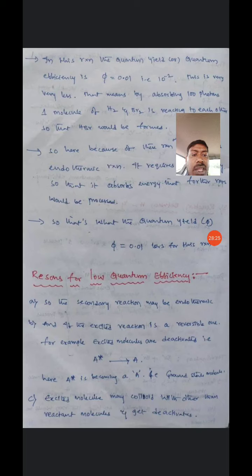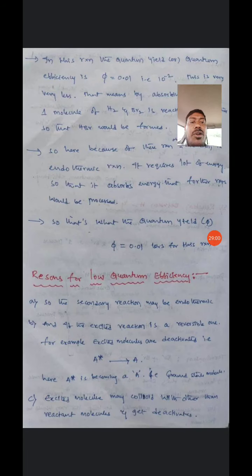So this is very less. That means by absorbing 100 photons, one molecule of H2 and Br2 is reacting with each other so that HBr would be formed.